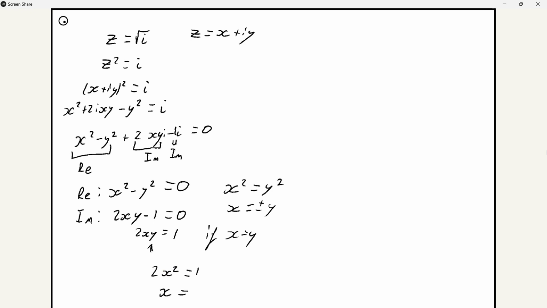So x then equals root 2 over 2, or root 1/2. That also means that y is equal to that. Sorry, plus or minus though, because you've got two solutions when you square root here.